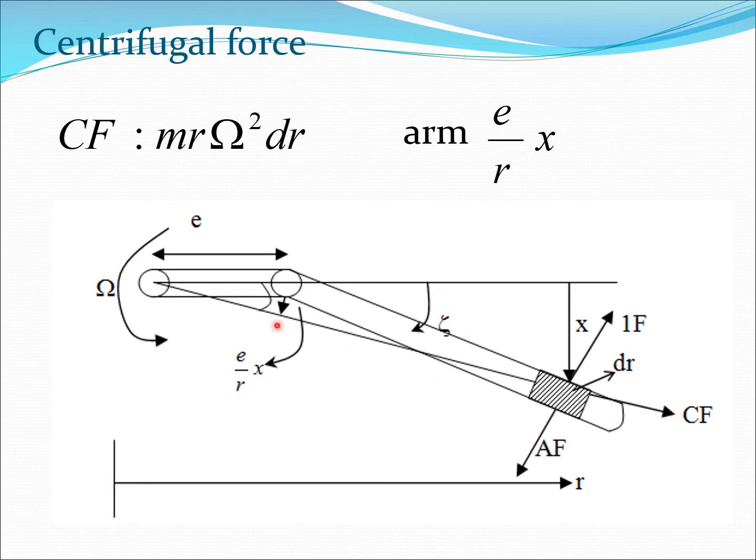Now if we look at the arm, it's going to be this small distance here. To get this distance, presuming all are small angles, we can think of the tan of this angle, and that's going to be x by r. Tan of this angle is also this distance by e. So using these two facts, we can clearly see that this arm is going to be (e by r) times x. That's the moment arm of the centrifugal force.